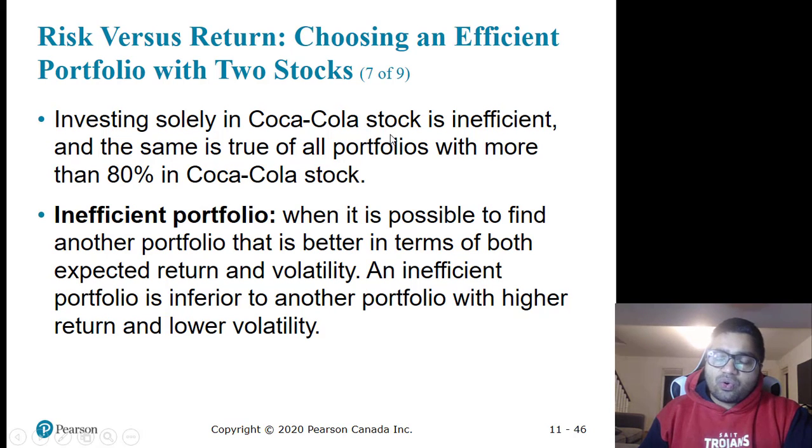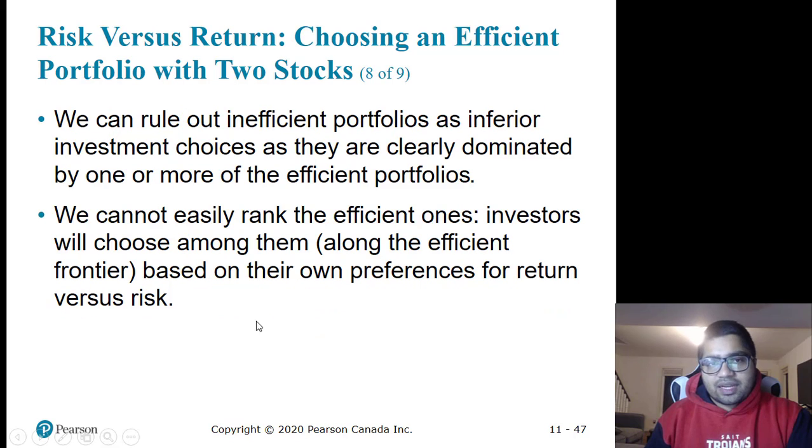Investing solely in Coke stock is inefficient, and the same is true for all portfolios with more than 80% in Coke stock. Inefficient portfolio: when it is possible to find another portfolio that is better in terms of both expected returns and volatility, then the portfolio is called an inefficient portfolio. An inefficient portfolio is inferior to another portfolio with higher returns and lower volatility. We can rule out inefficient portfolios and inferior investment choices as they are clearly dominated by one or more of the efficient portfolios.